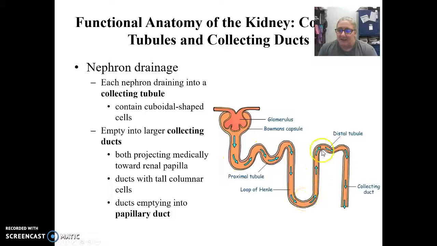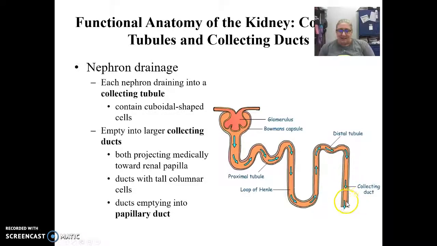But as it leaves the renal tubule and moves into the collecting duct, we have a large amount of water that is going to be reabsorbed, but the remaining material becomes the urine. And depending on how hydrated we are, we will produce very dilute or very concentrated urine.